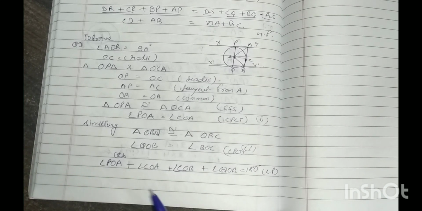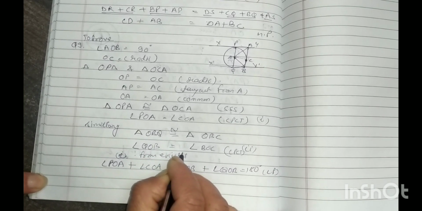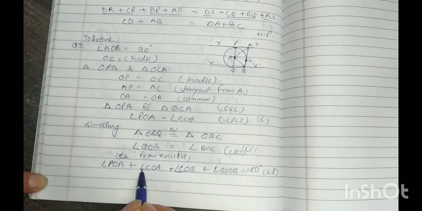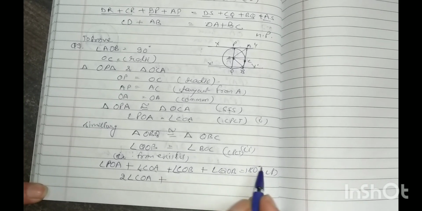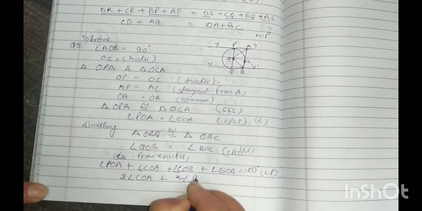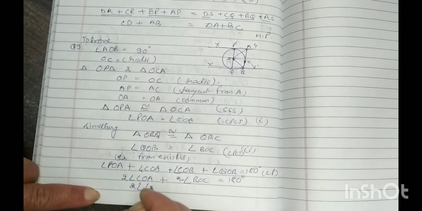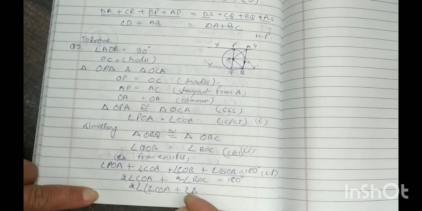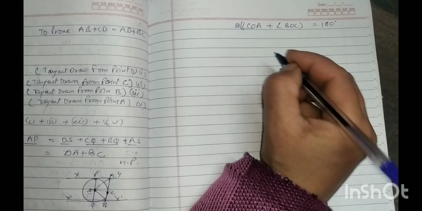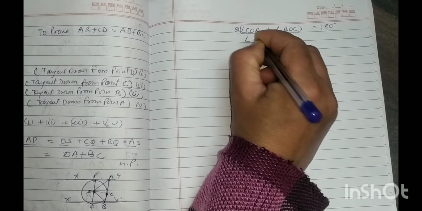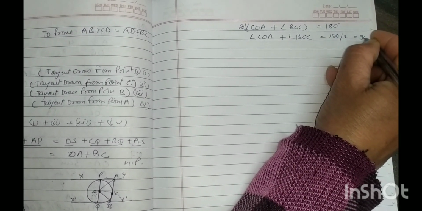From equation 1 and 2, angle POA equals COA, so 2 angle COA plus 2 angle BOC equals 180 degree. 2 common, angle COA plus angle BOC equals 180 upon 2, that equals 90 degree.